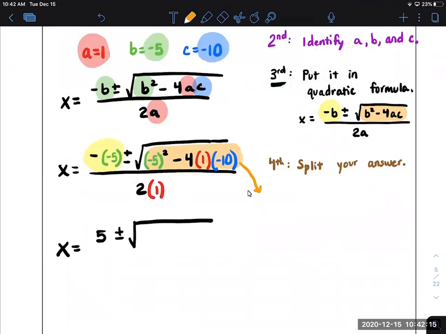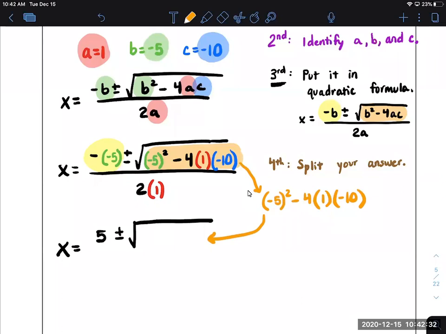So what I mean by that is in Desmos or your calculator, put in parentheses negative 5 squared minus 4 parentheses 1 parentheses negative 10. Put that in the calculator and then put it back underneath that square root.